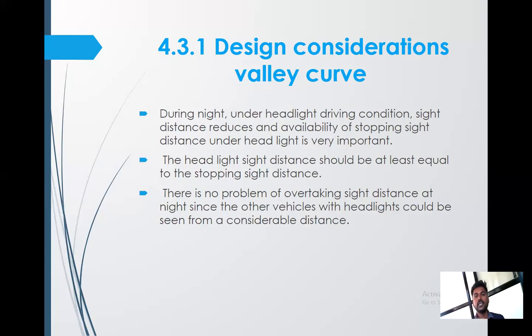But if there is any obstruction, I will see that obstruction only when my headlight falls on it. Means what? It is very important to calculate SSD, that is stopping sight distance. We need not go for the OSD in this condition. OSD is not that important, but in the valley curve it is very important to calculate SSD, stopping sight distance.